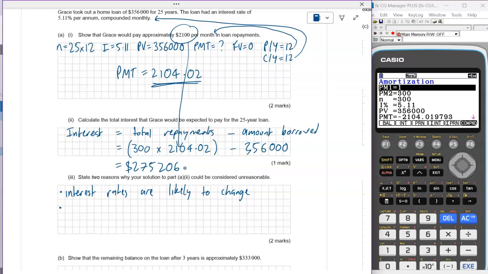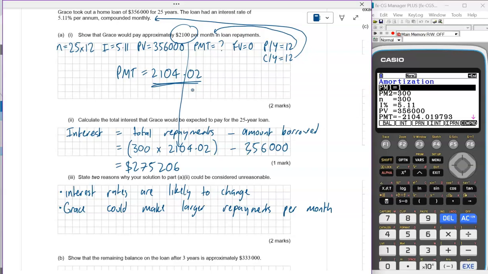I think the other big thing here is that Grace could be looking at some loan minimization strategies. So when she could afford to, she might pay off more than the minimum $2,104.02 per month. So Grace could make larger repayments per month.